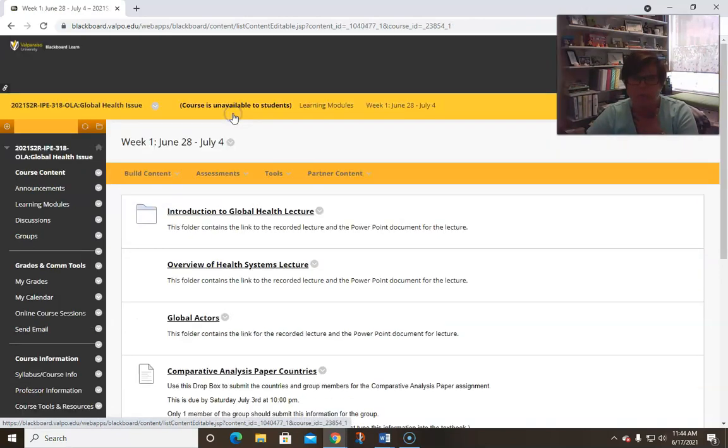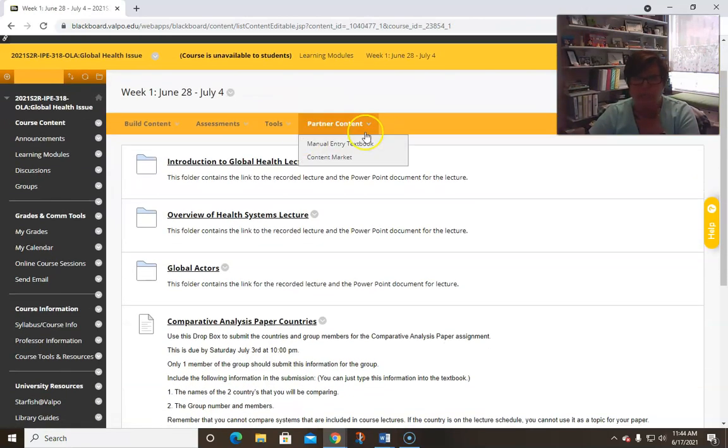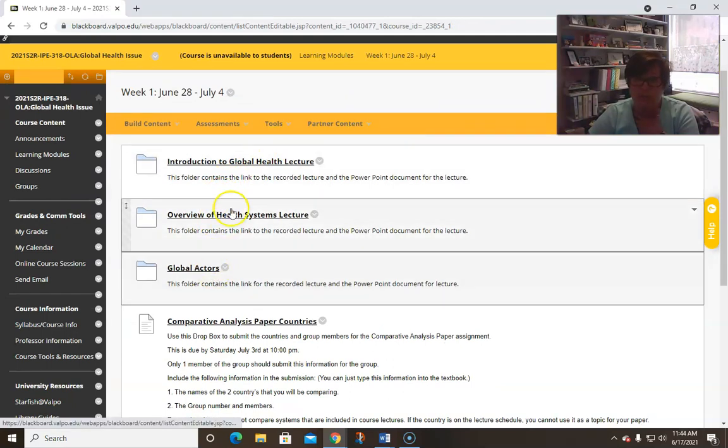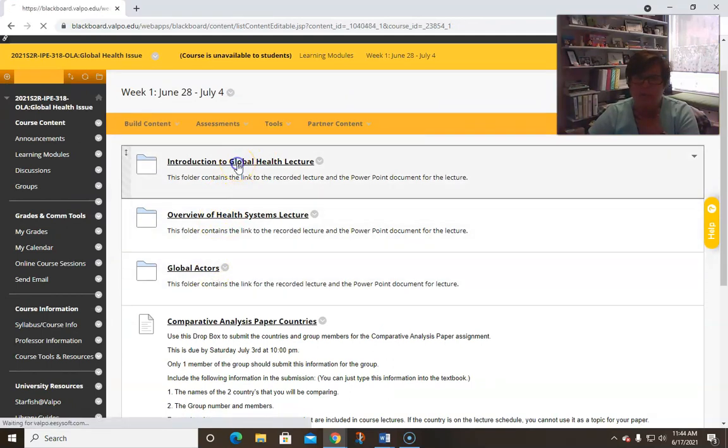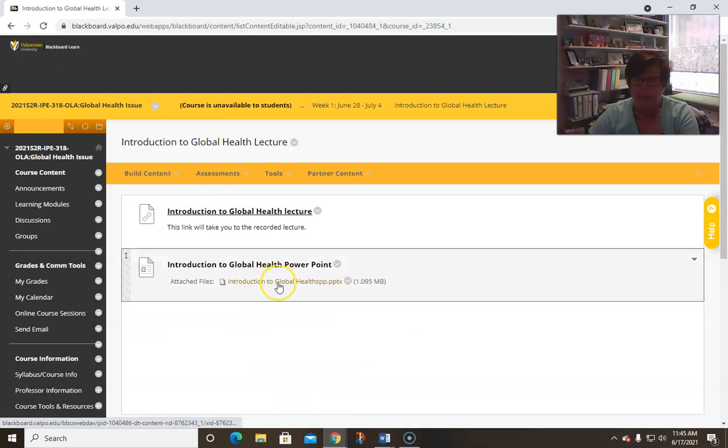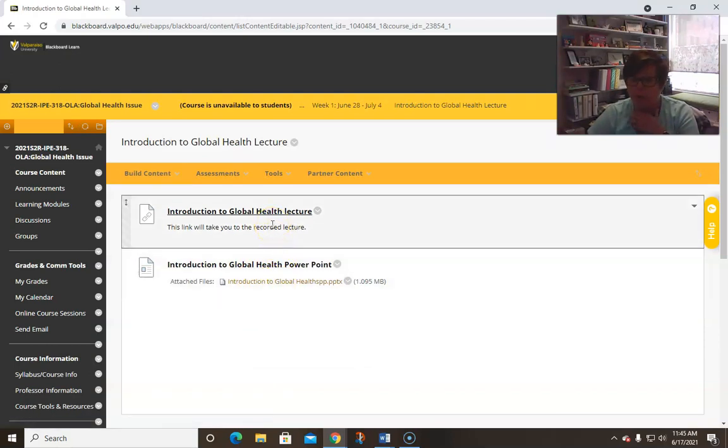Each week, when you're able to look into it, there will be folders for each lecture. Within each folder, there will be the PowerPoint posted, and a recorded lecture. Depending on the topic, there may also be some supplementary videos or documents that will help explain the information.